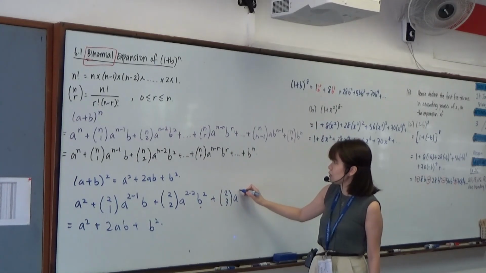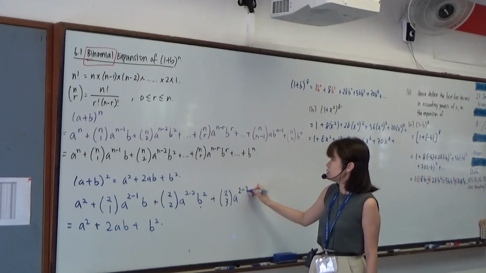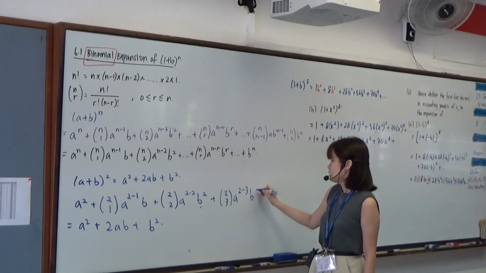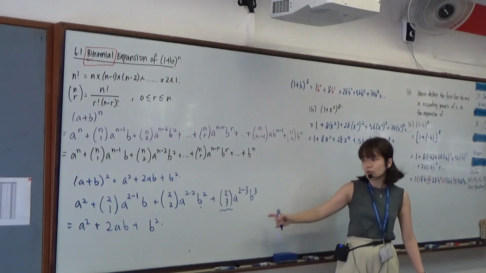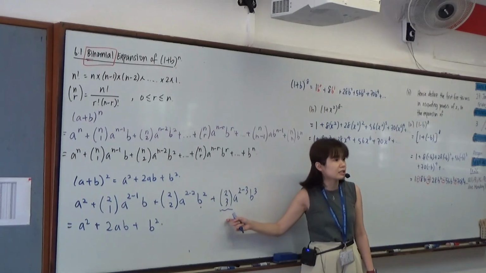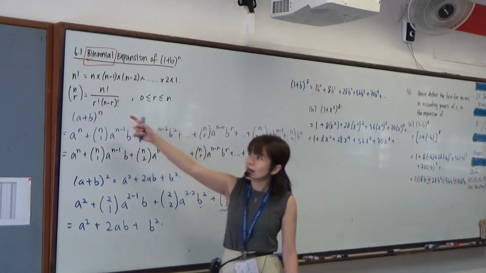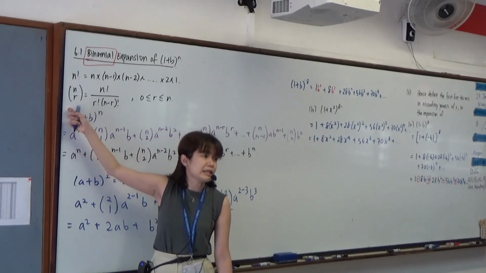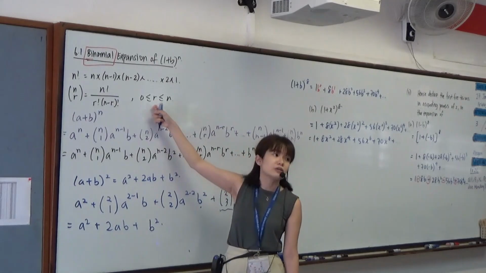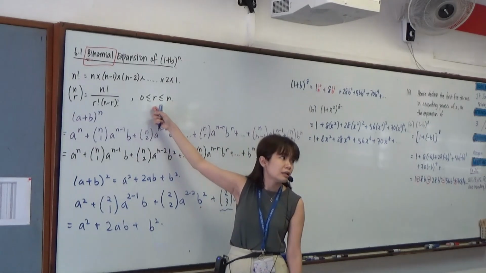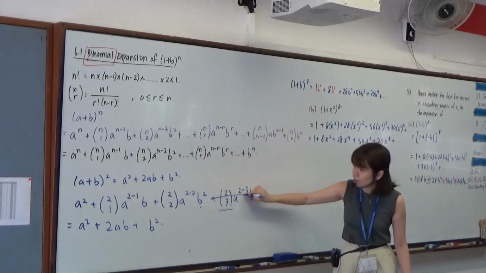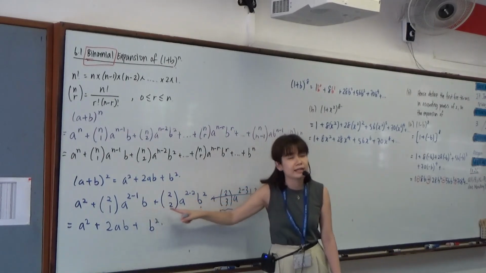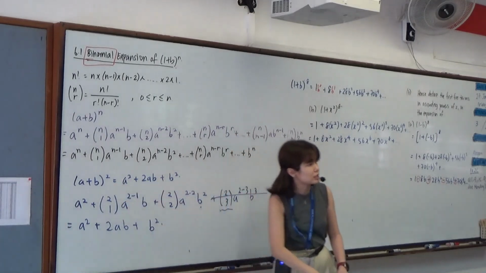You can go and press your calculator, go and give it a try. 2 choose 3 doesn't give you any number at all. It's invalid because our understanding of n choose r is defined such that n must be greater than or equal to r. So therefore, this is not possible. Our application of the formula ends here for this expansion.